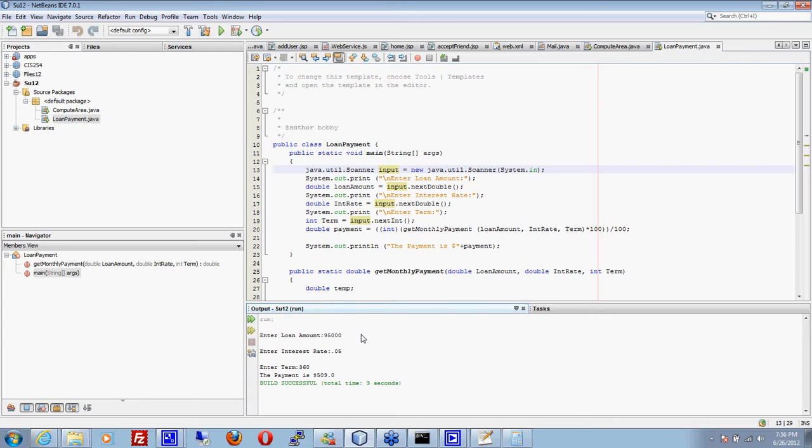Get the loan amount, multiply it by 100, then typecast it to an int. Oh, I got it. I'm wondering if I need this. Yes, I do need it.